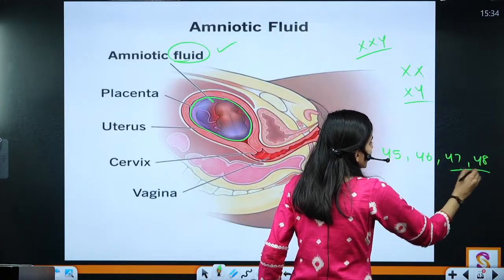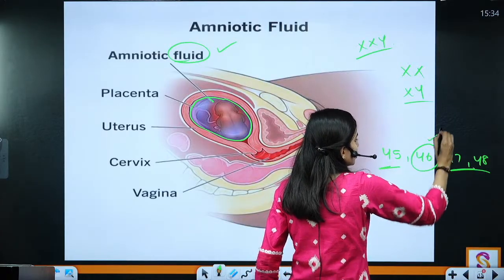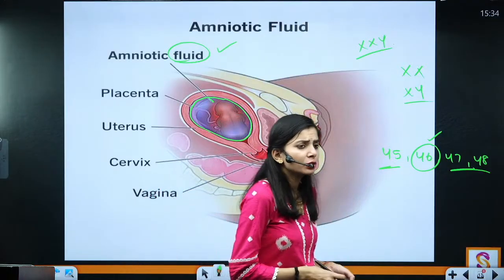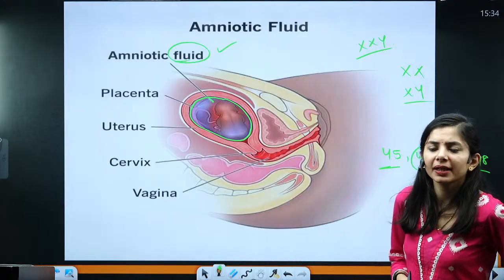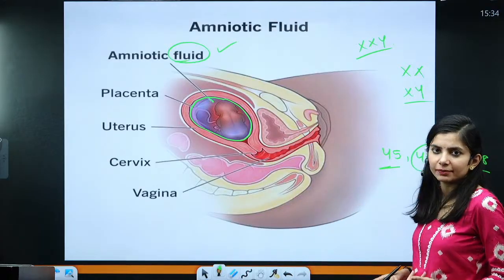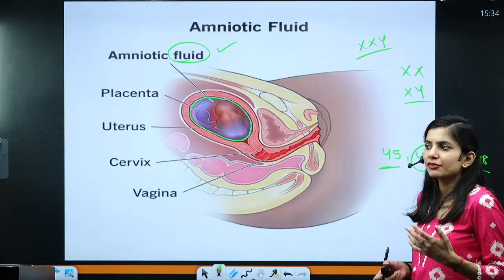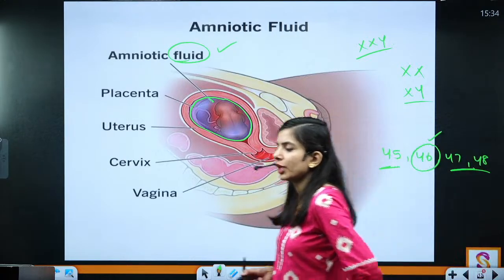If these are the cases, 45, 47, 48, we used to suggest aborting the child because the child is going to be abnormal. There are some ethical issues, like we should not abort the child.